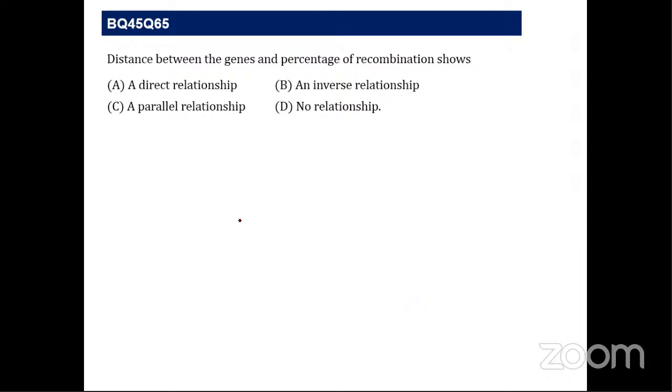See, the question is saying distance between the genes and percentage of recombination. Okay, what is the relation between them? Now you guys are getting confused between the relationship between the distance between the genes and the linkage. Now see, the relationship of linkage with the distance between the genes is an inverse relationship.